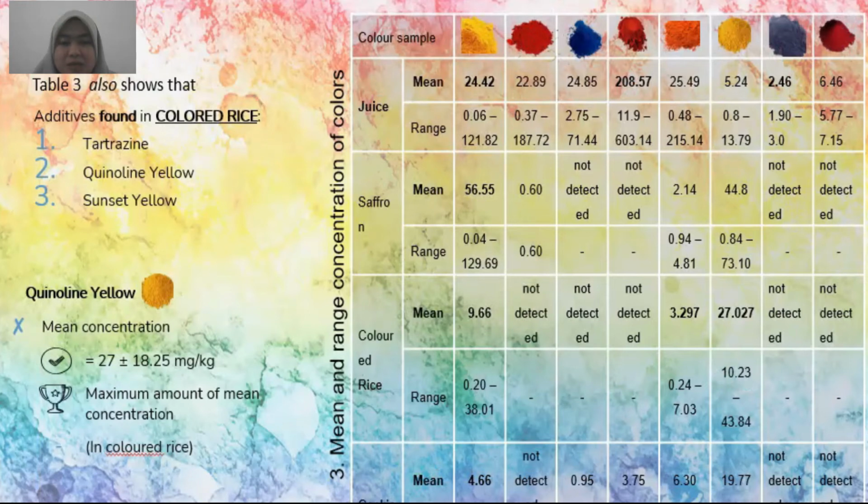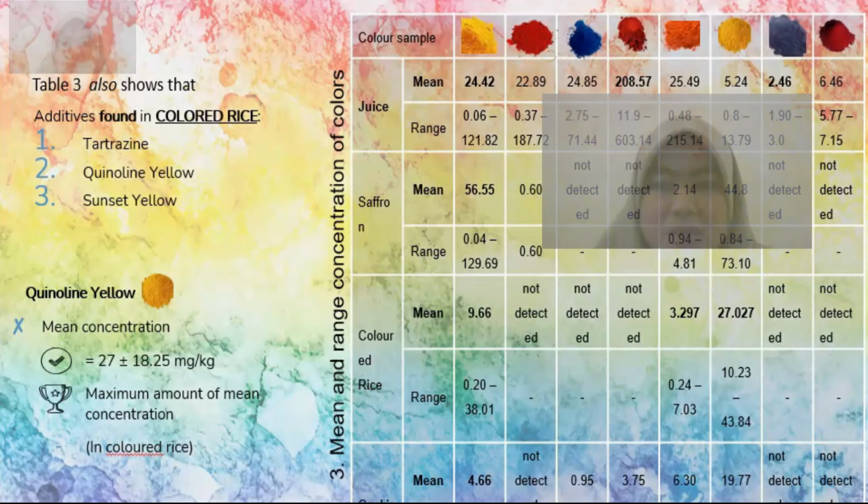Additionally, the synthetic colors that were found in the sample colored rice were tartrazine, lemon yellow, quinoline yellow, and sunset yellow. Quinoline yellow mean concentration.